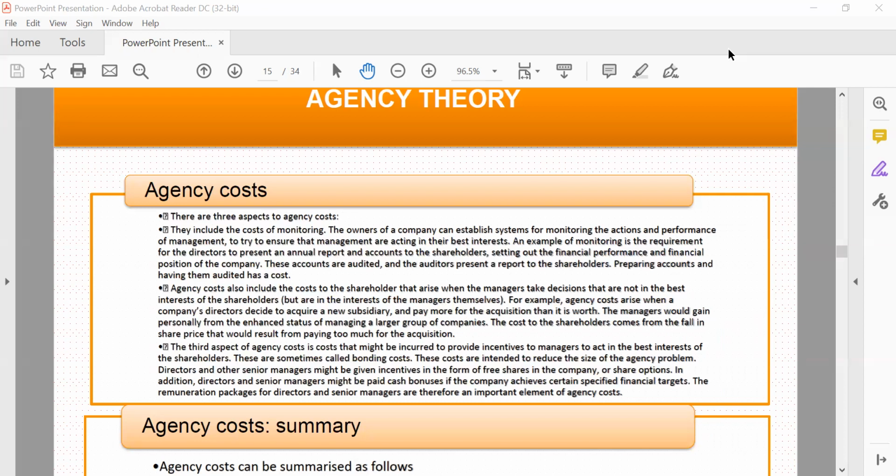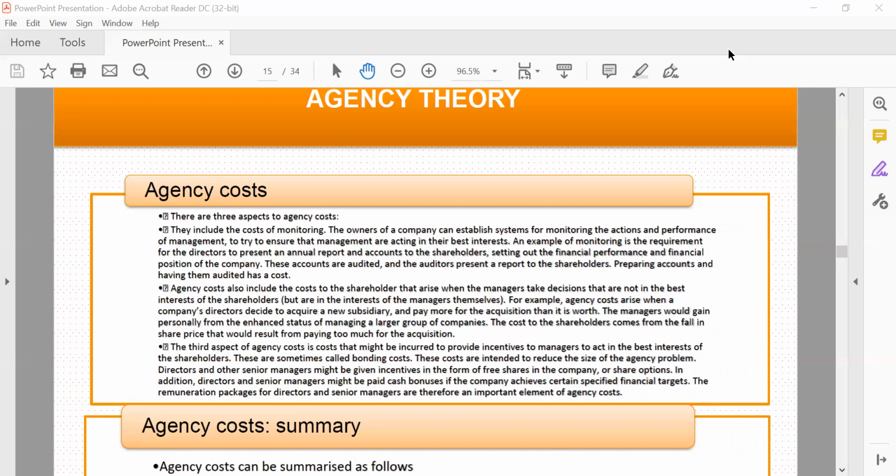The third aspect of agency costs is costs that might be incurred to provide incentives to managers to act in the best interest of the shareholders. And this is what we refer to as bonding costs. The whole aim of bonding costs is to reduce the size of the agency problem. All right?